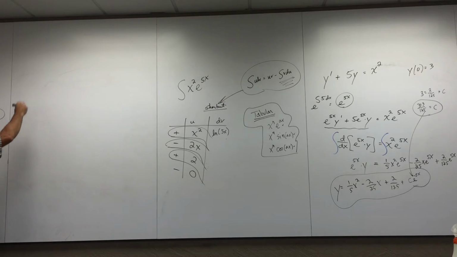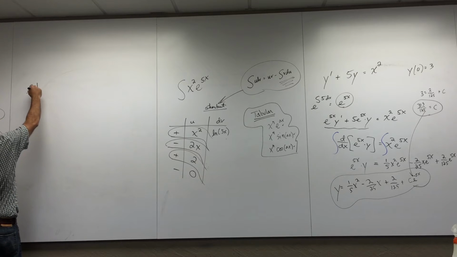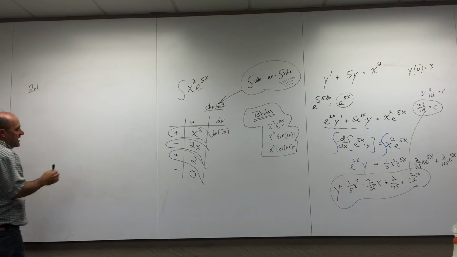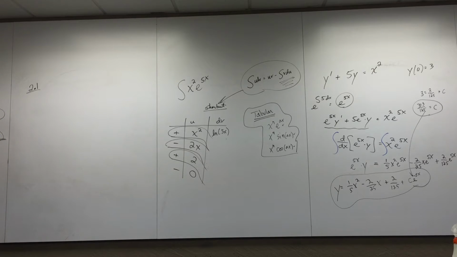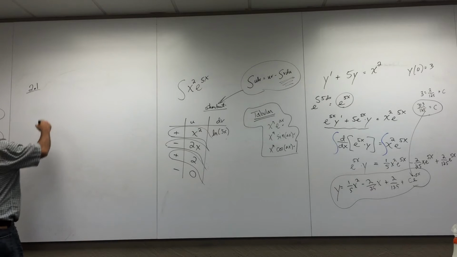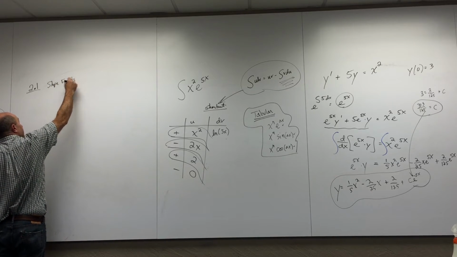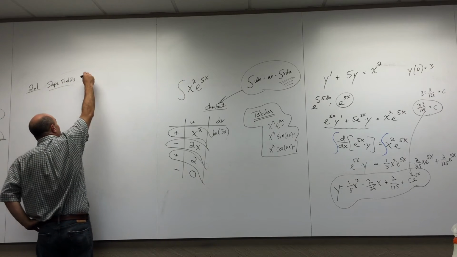If I go back to 2.1, and I might not be able to finish this in 10 minutes, in 2.1 there are two big ideas. And again, we're going back to before you can solve DEs, so some preliminary theory. There's this thing about slope fields. That's one concept that I'd like to discuss. And then there's a whole other concept.